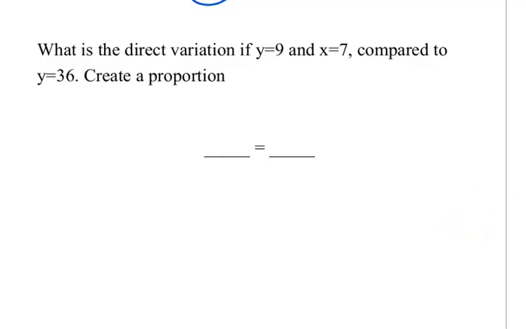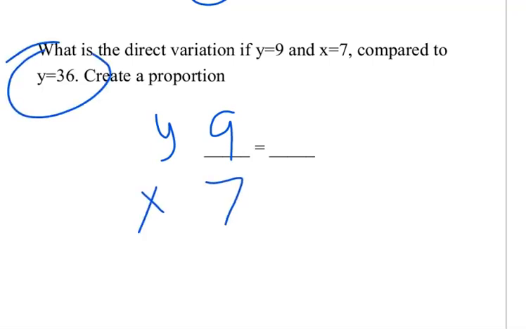All right, so for this one, what is the direct variation if y is 9, x is 7, and we're looking at this one now. This one is the y is 36. Okay, so same thing.